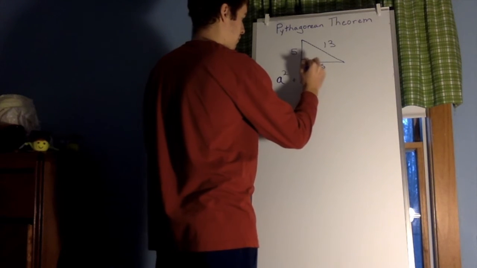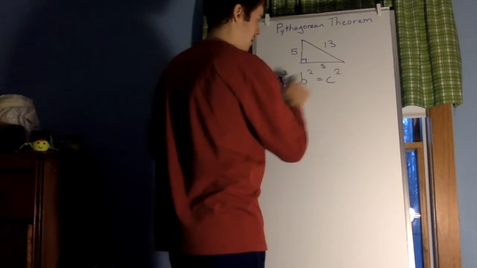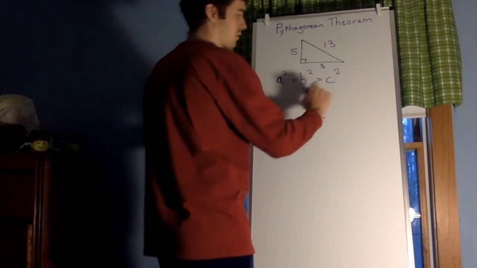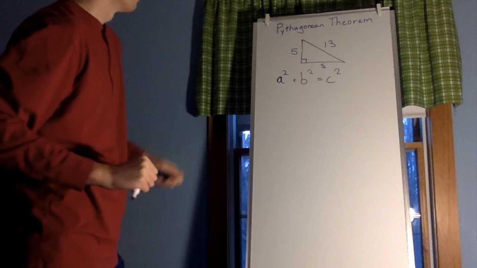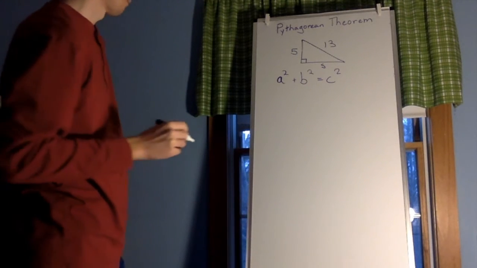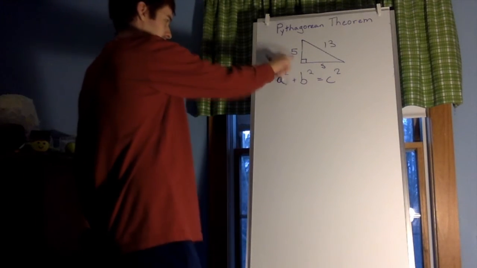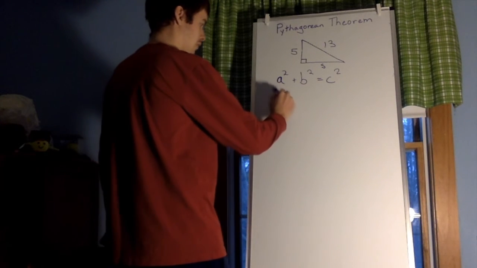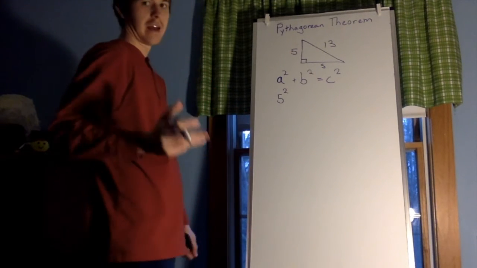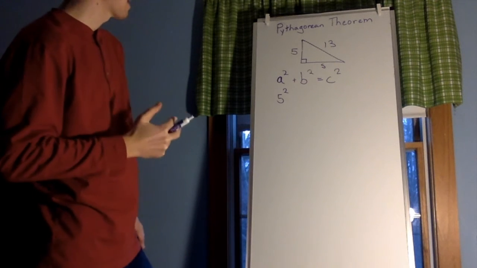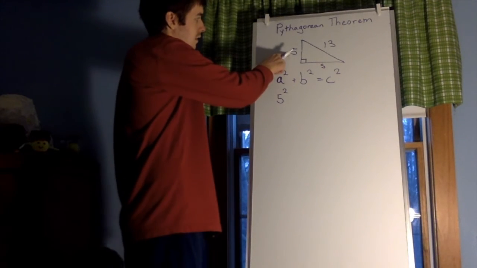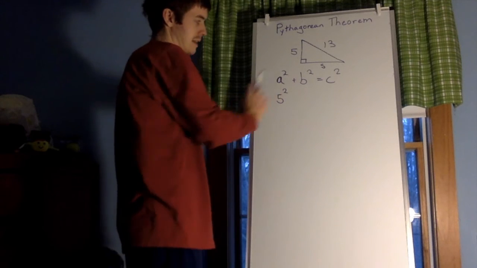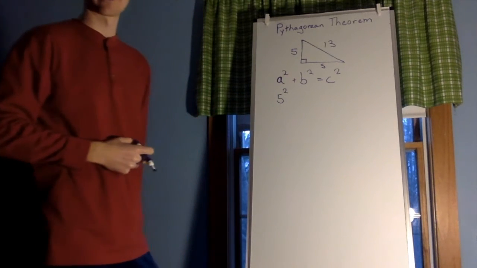So let's go ahead and do it. a squared plus b squared equals c squared. Sum of the legs squared equals the hypotenuse squared. Let's fill in what we know. One leg is 5, so I'll put that in for A. It doesn't really matter if I put in 5 for A or B. They're both legs, and the order doesn't matter here.